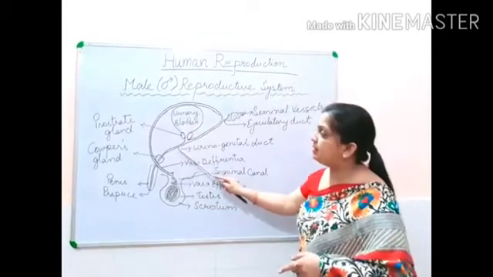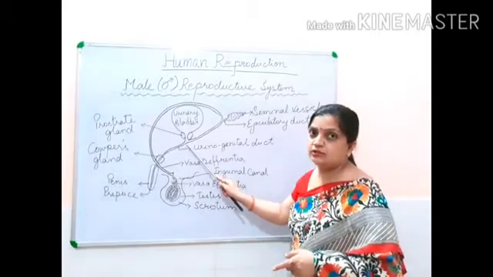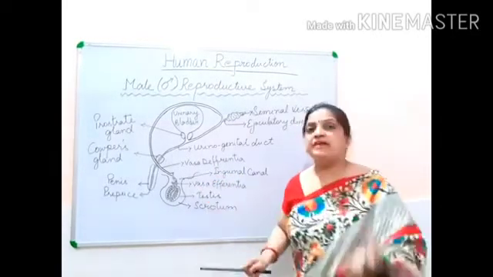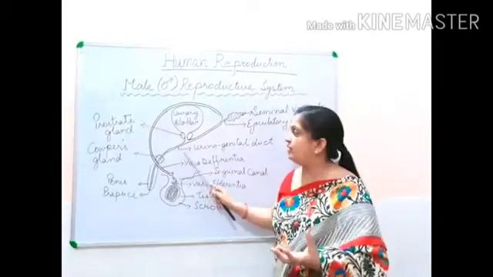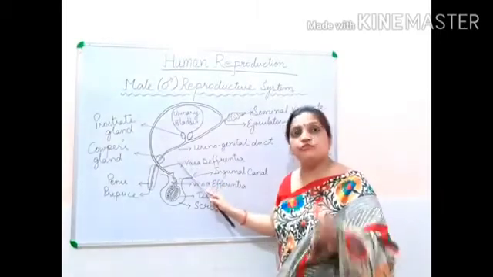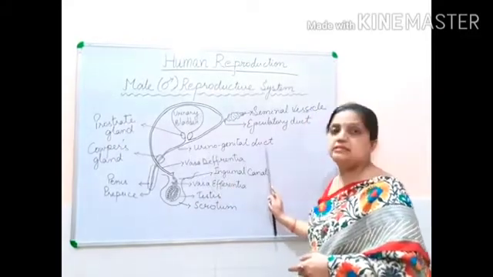So from here, when the urinary bladder pipe connects to the ejaculatory duct, after this the pipe becomes common. This pipe becomes a common pathway for the passage of sperm as well as for the passage of urine. So this part here is called the urinogenital duct.